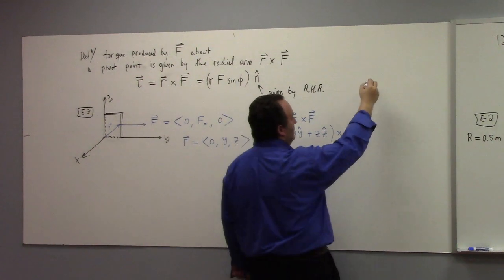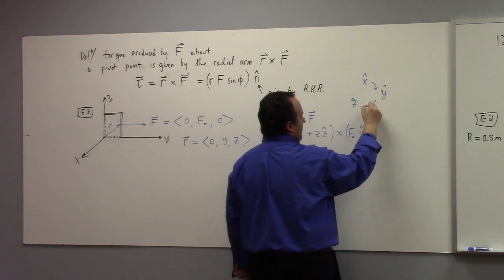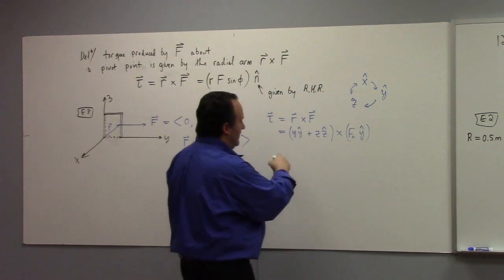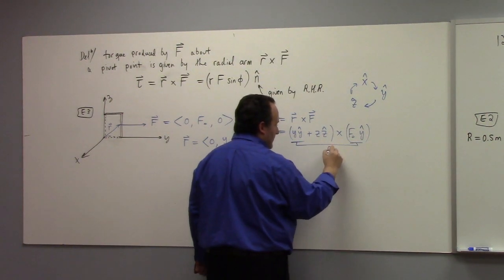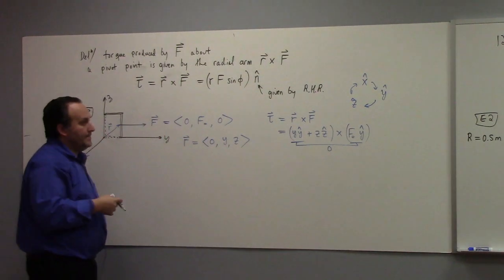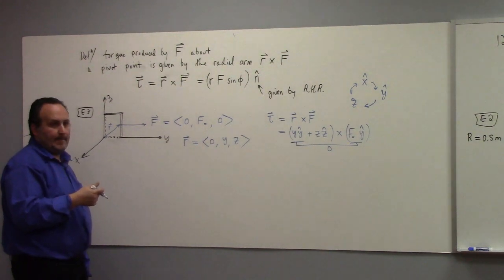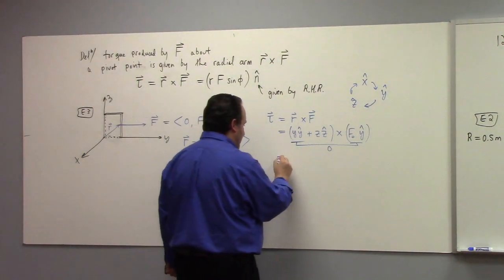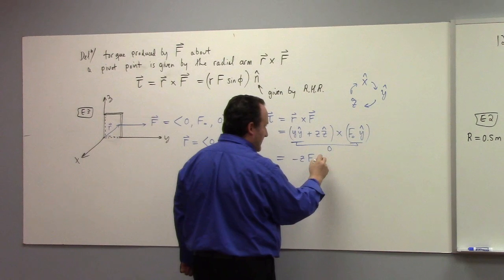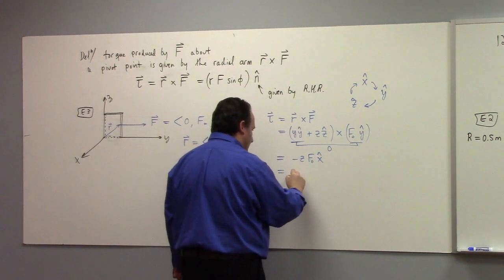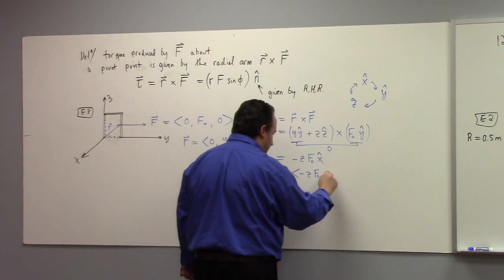You remember our rule, we have x hat, y hat, z hat, and we can talk about the cross product. The cross product of y hat with y hat just gives you 0, right? But what's z hat cross y hat? Negative x hat. So I actually do get minus z F naught, x hat. So the torque, in my silly hypothetical example, is minus z F naught, 0, 0.